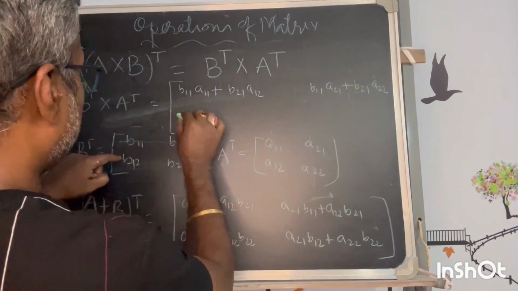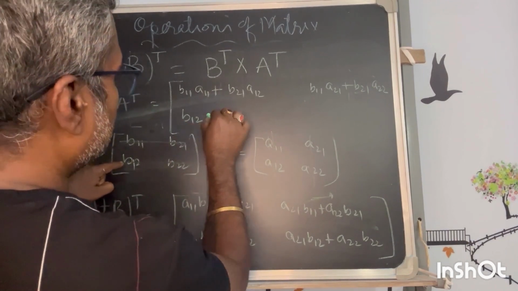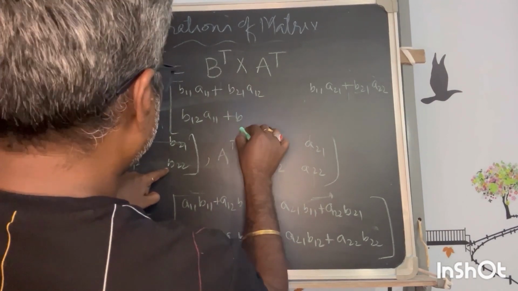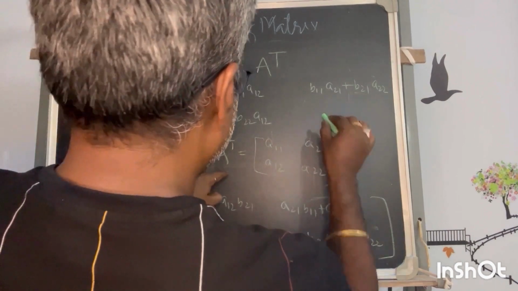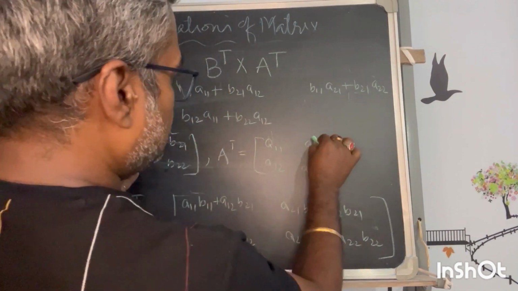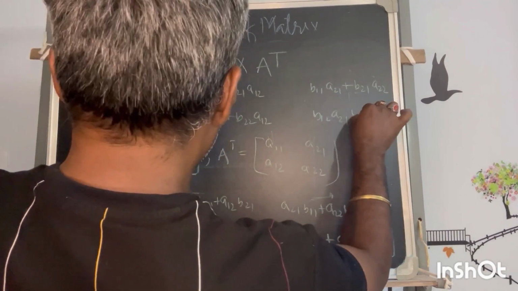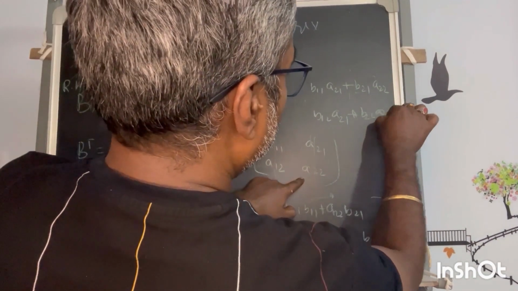Fine. Now this term, this into this, B12 A11 plus B22 A12, and this equal to this into this, that means B12 A21 plus B22 A22.